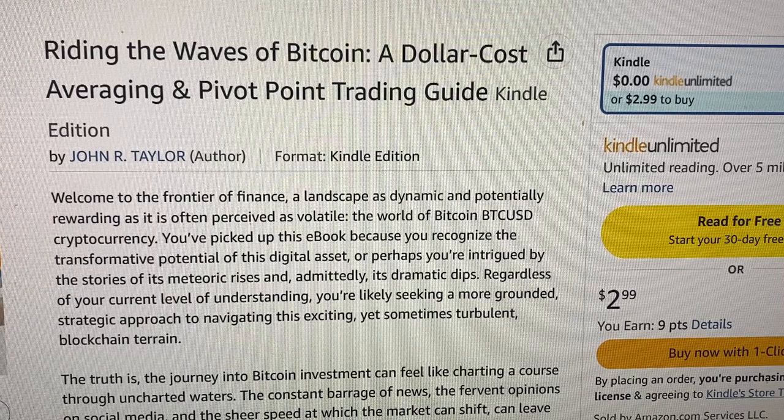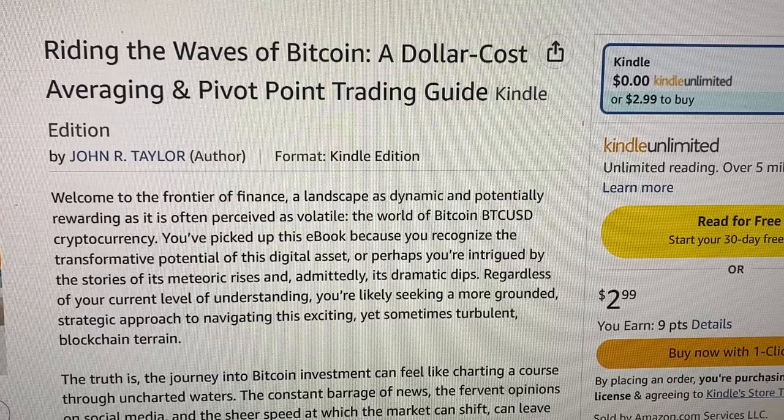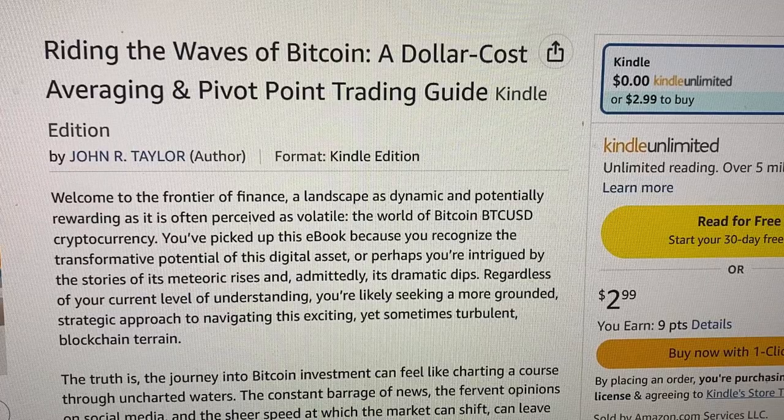However, DCA, or dollar cost averaging, is a simple foundation. It doesn't always tell you when a specific interval might present a more advantageous opportunity. This is where the principle of pivot point trading comes into play in my manuscript and ebook.